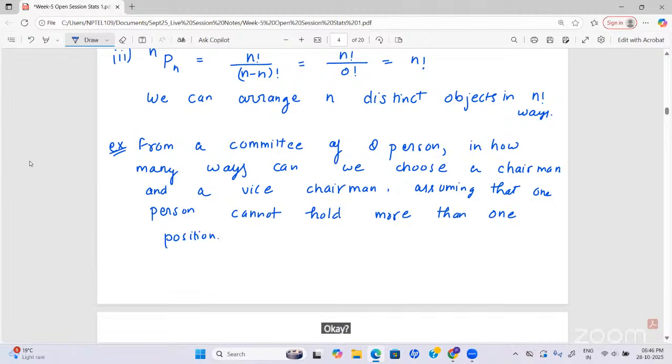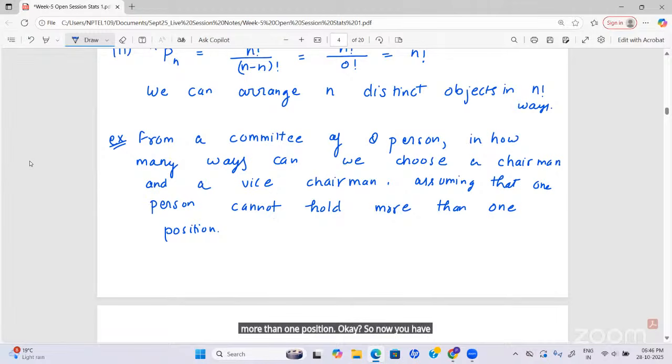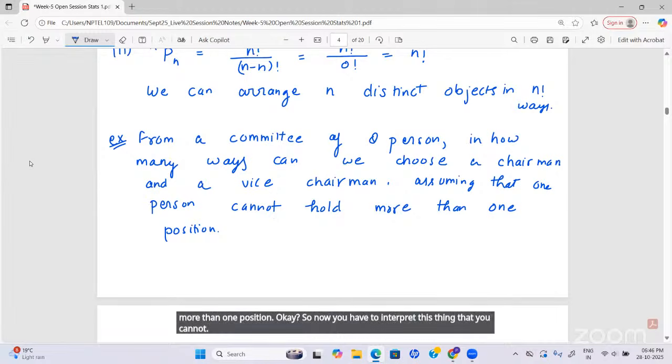From the committee of how many persons, ma'am? See, you have 8 members in a committee and you have to select 2 members for the chairman position and the vice chairman position. And it is given that one person cannot hold more than one position. So you have to interpret that you cannot repeat the elements here.